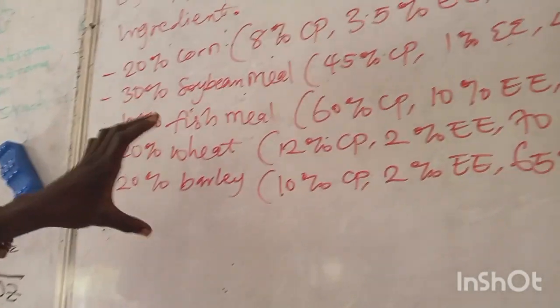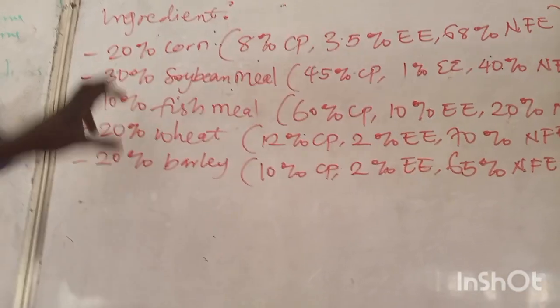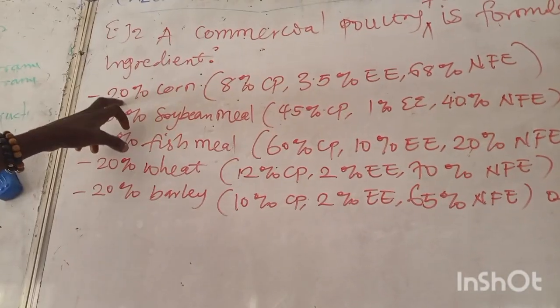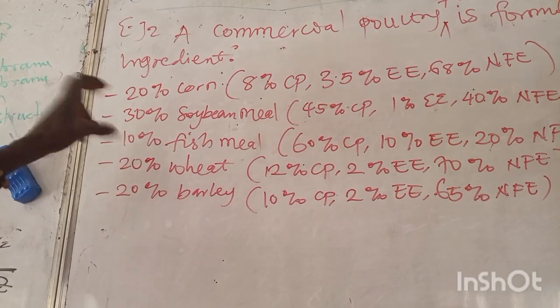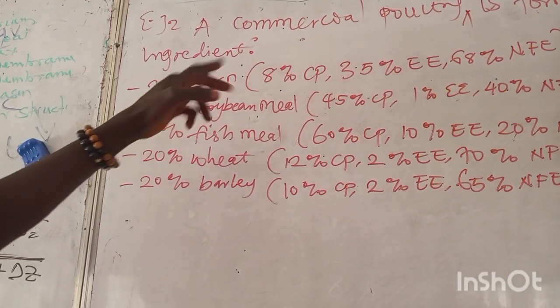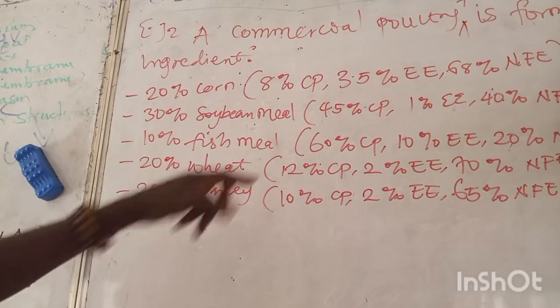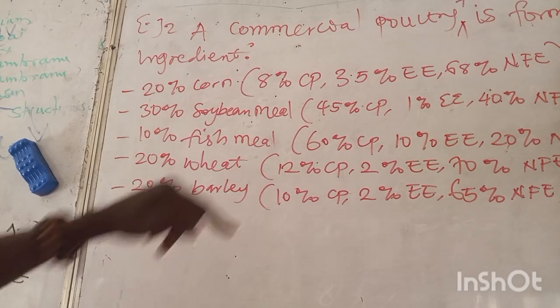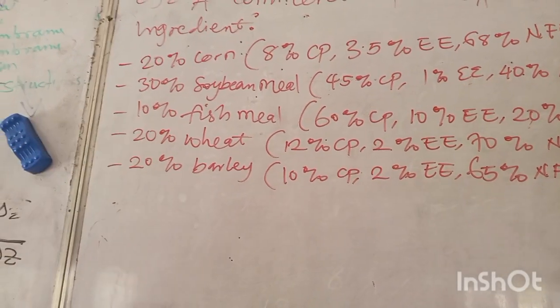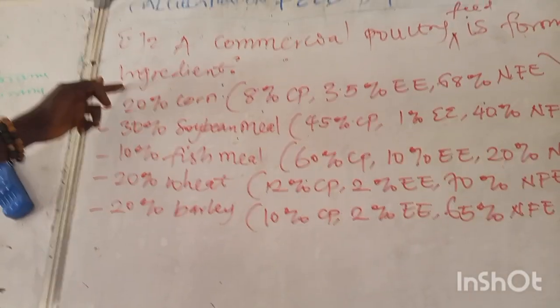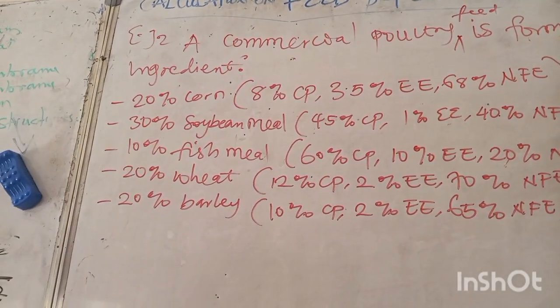These values are the percent of each present in that same feed. The feed is 20% corn, 30% soya meal, 10% fish meal, 20% wheat, and 20% barley. If you calculate everything together, it's going to give you 100 kg.